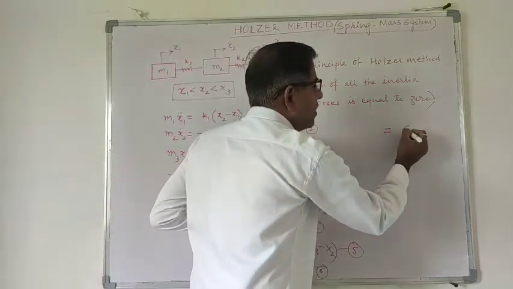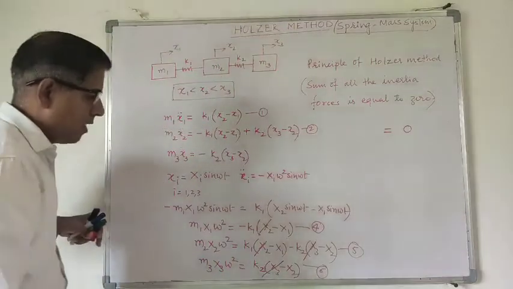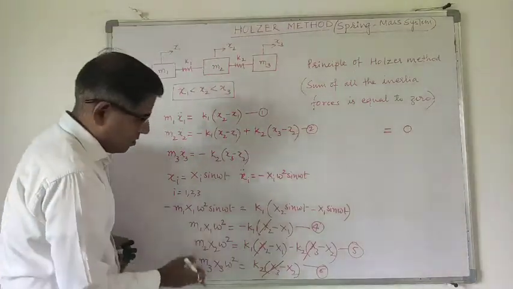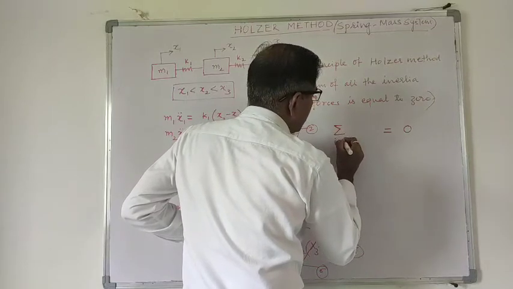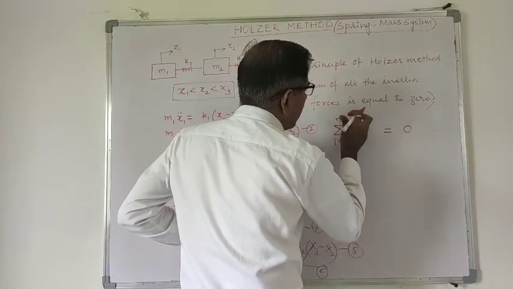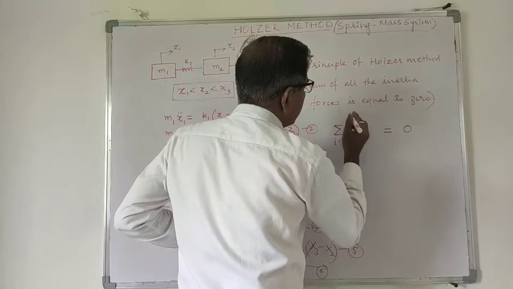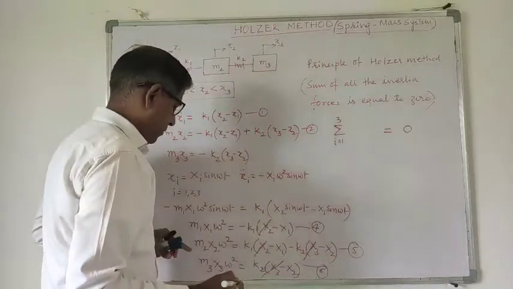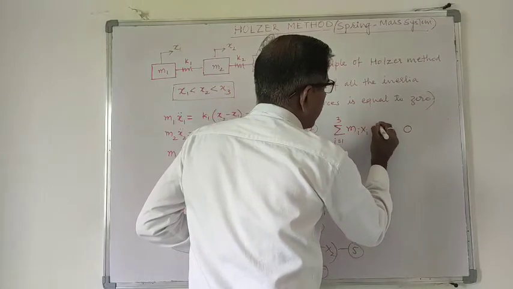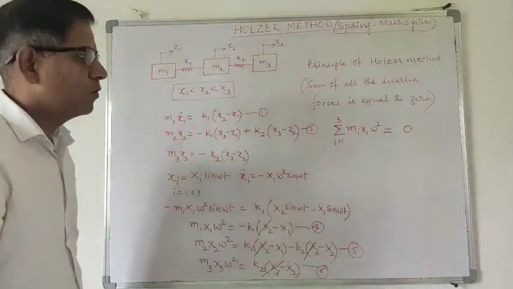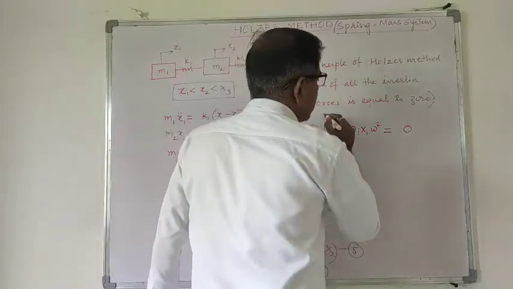So on this side it will be 0, and the left side can be written as summation over i equal to 1 to n, or 1 to 3, of mi xi omega square.